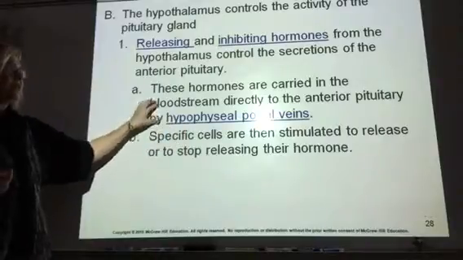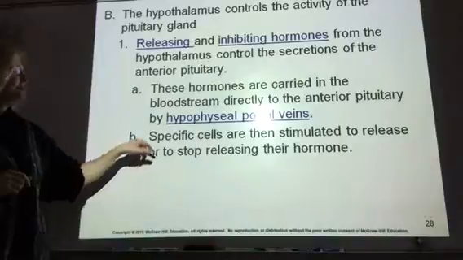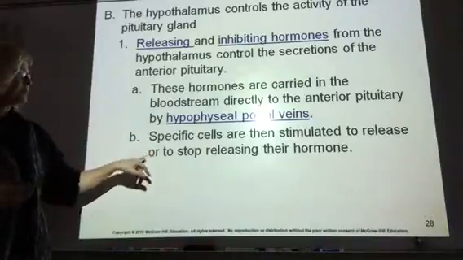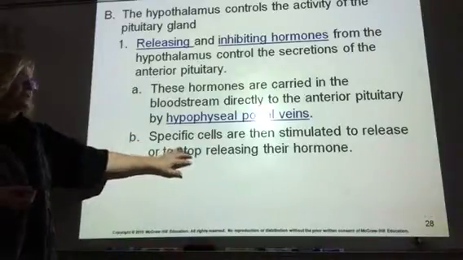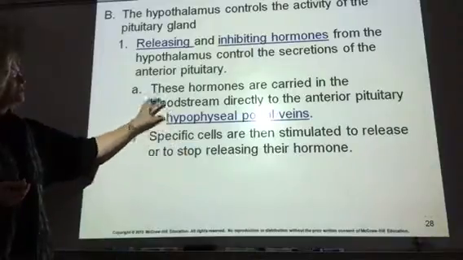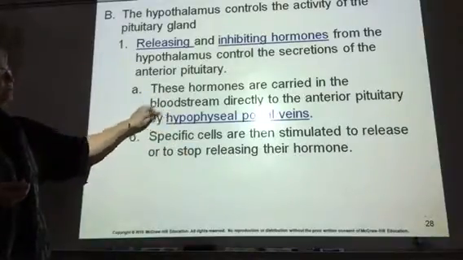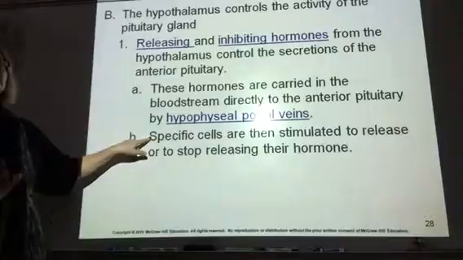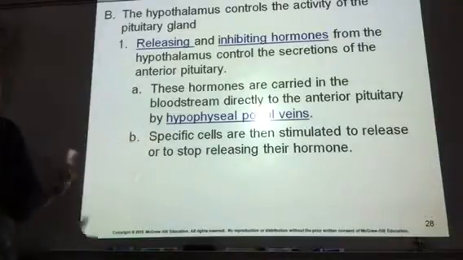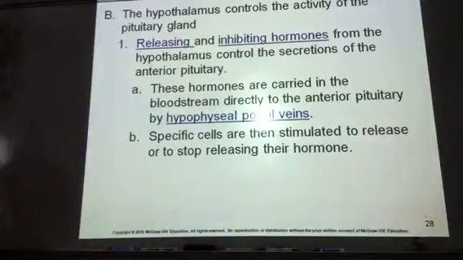And then specific cells are stimulated to release or stop releasing their hormone. Once this hormone goes to the target cell, the place that it's supposed to go, that's going to stimulate another release of hormone.